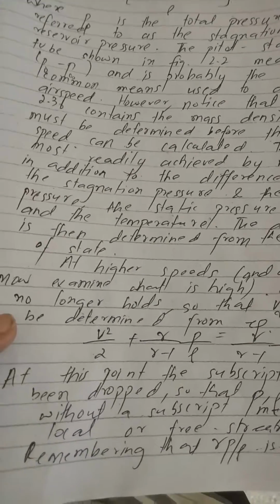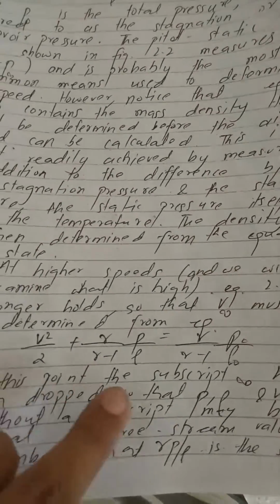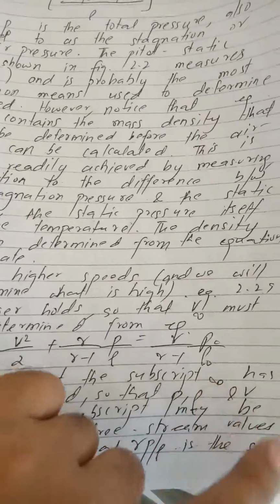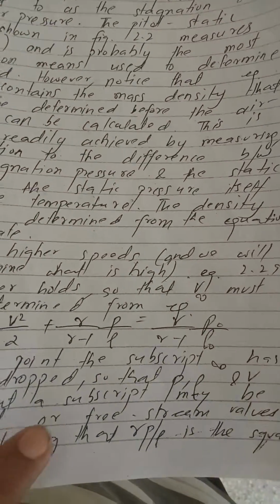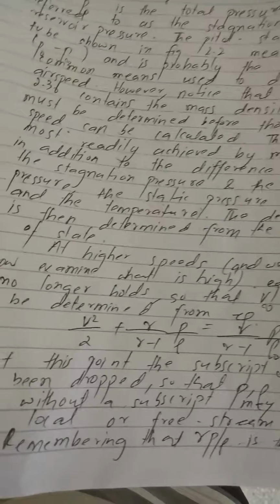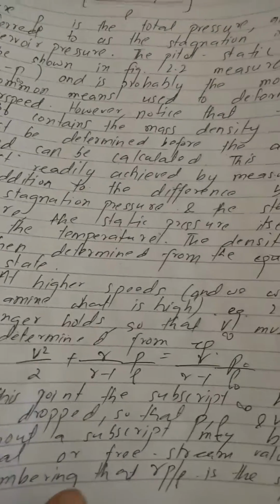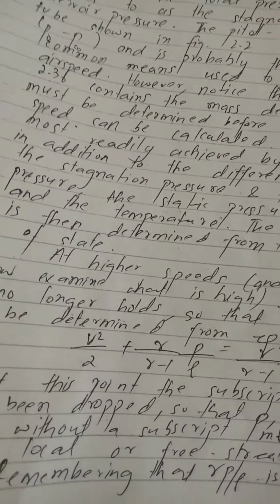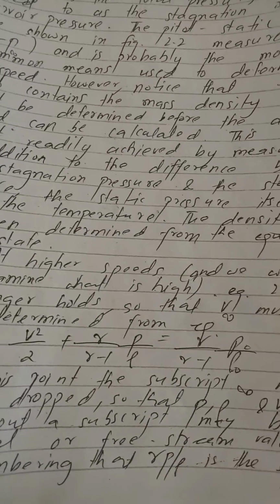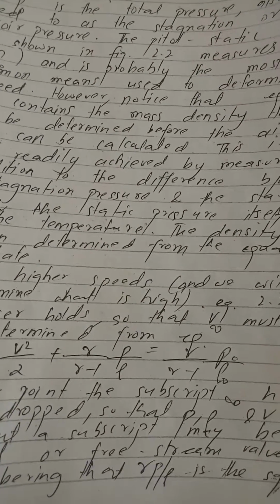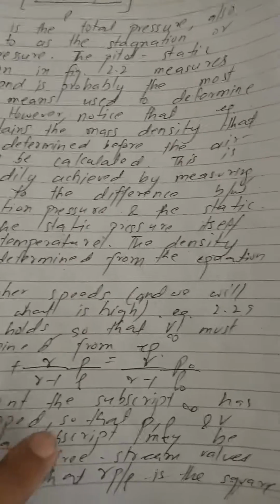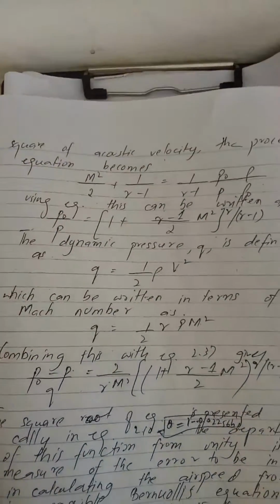Okay, so at this point the subscript infinity has been dropped, so that pressure, rho and V without a subscript may be local or free stream values, remembering that p over rho is the square of the acoustic velocity.